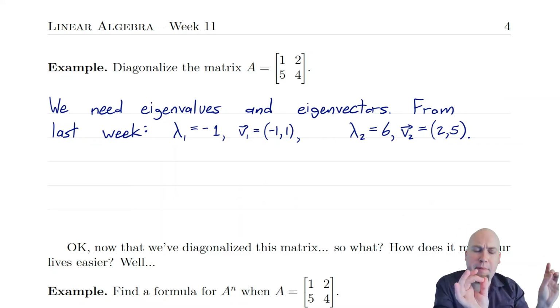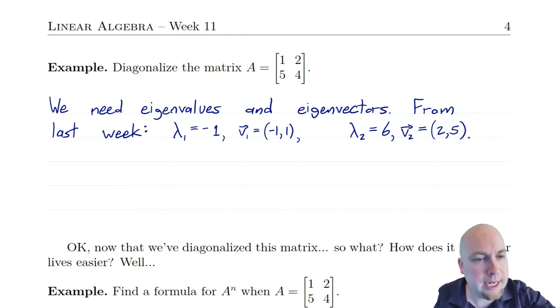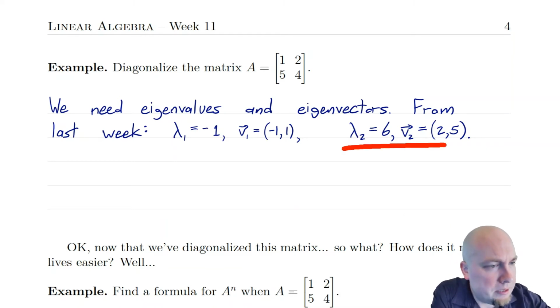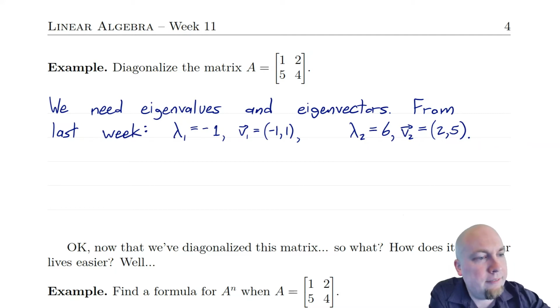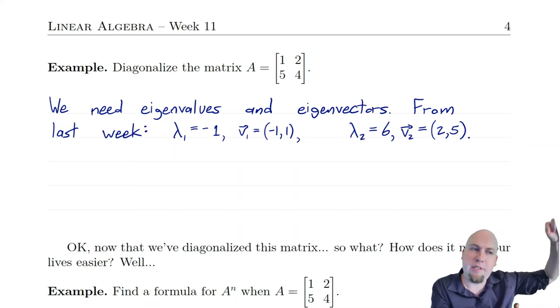Actually, maybe I should remind you at this point, eigenvectors are very not unique. -1, 1 is one of the eigenvectors, -2, 2 is another one. You can pick whatever one you want. It does not matter. Same thing happens over here. Another one of the eigenvalues was 6 with corresponding eigenvector 2, 5, and again, you could choose some different multiple of that. It does not matter.